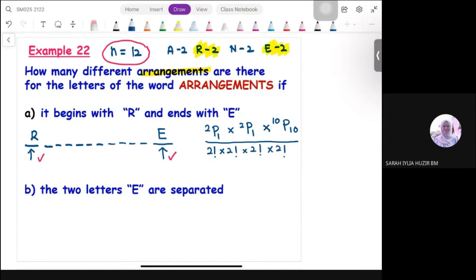Why 4 times? Because we have 4 different repeated letters from above, so that is 2 factorial, 4 times. Calculate this, and our answer should be 907,200.